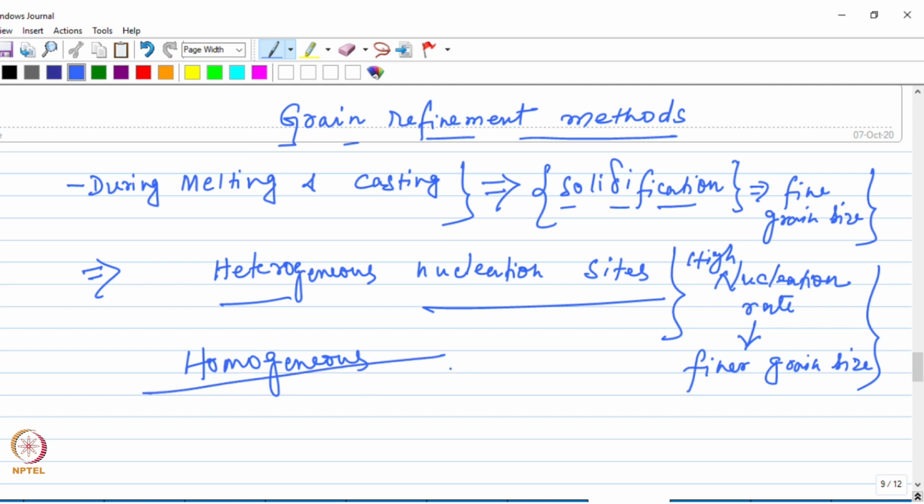Homogeneous nucleation, as the name itself suggests, occurs uniformly across the material. And there are no preferential sites for the nucleus to form.